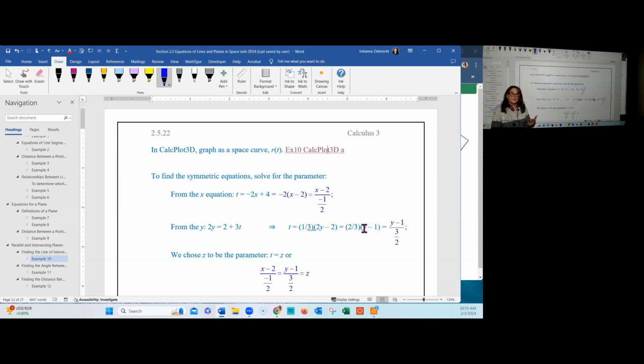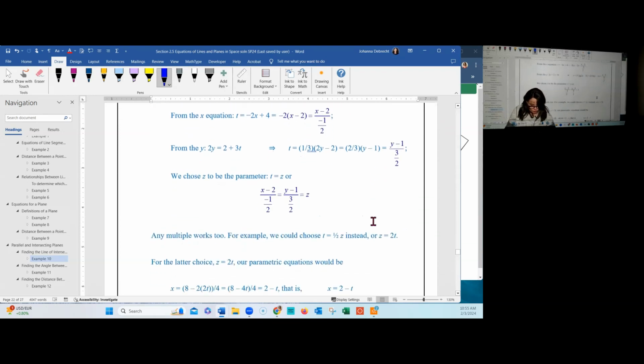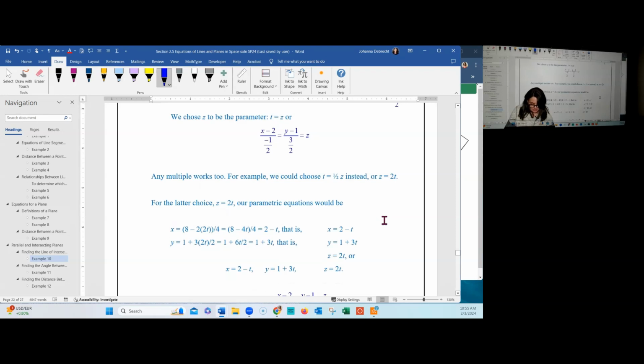Maybe it would be better to choose a multiple of z to be the parameter, or a different one. So in this case, what if we had chosen our parameter to be half of z instead of just z? So z equal to 2t. Would that have simplified our equations any?